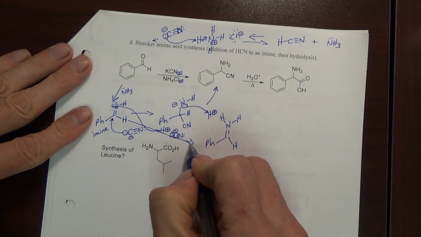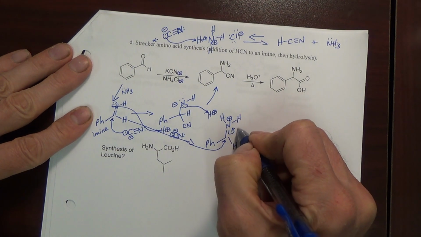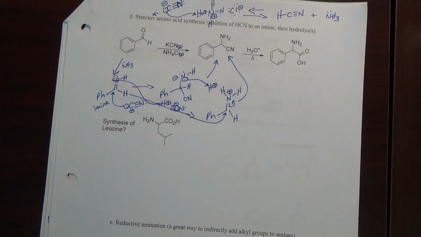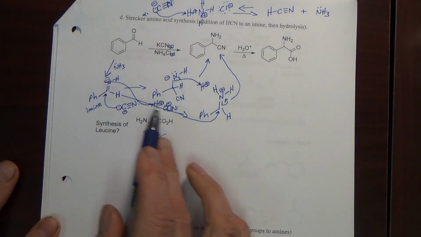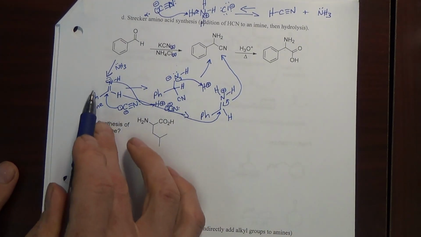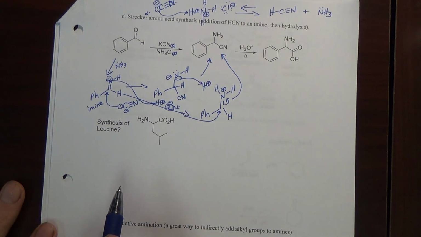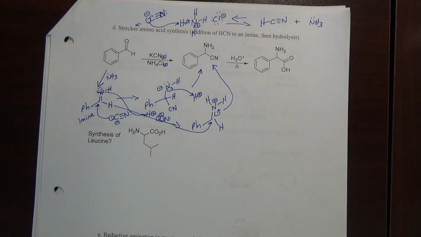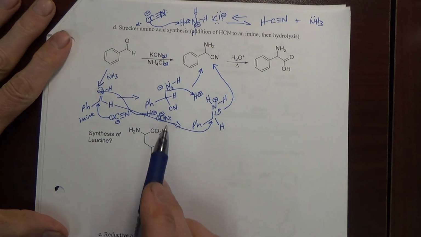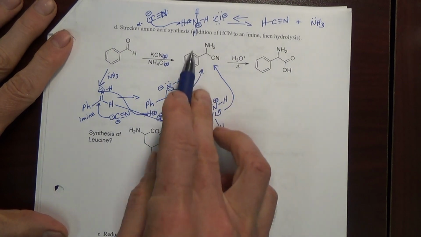Then if the cyanide adds up, positive charge, electrons up, then that gives that way. It all depends on if HCN is acidic enough to protonate. I think that's a better way to go. It's a little bit vague. But ultimately, if we have an imine here and then we react with HCN, we can get this intermediate here.